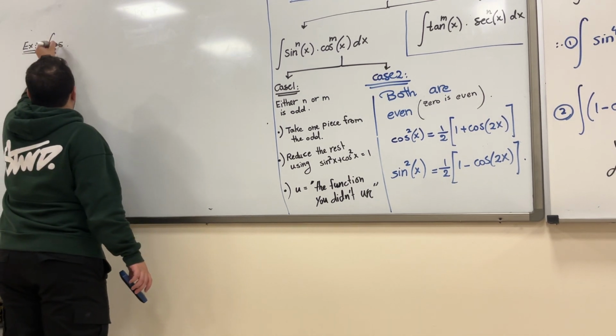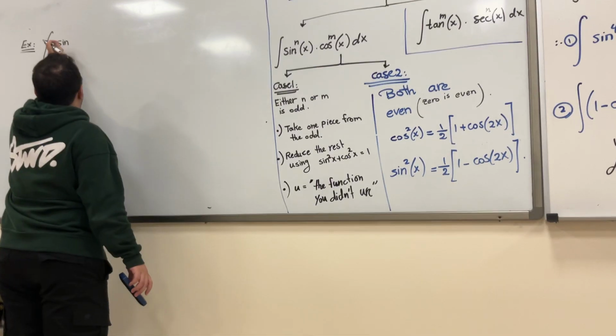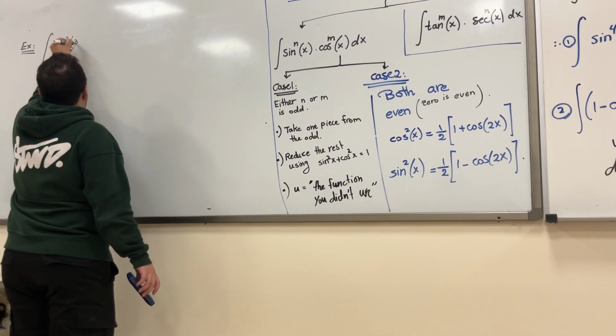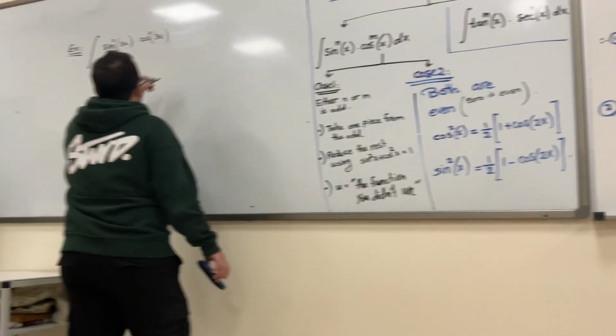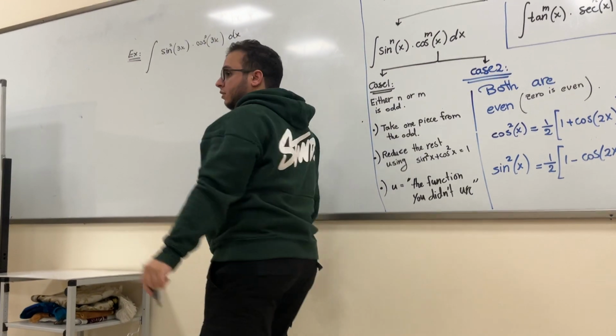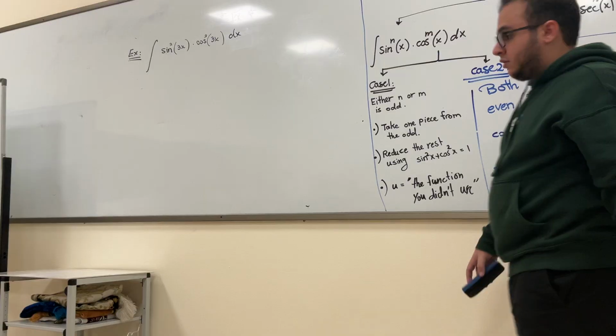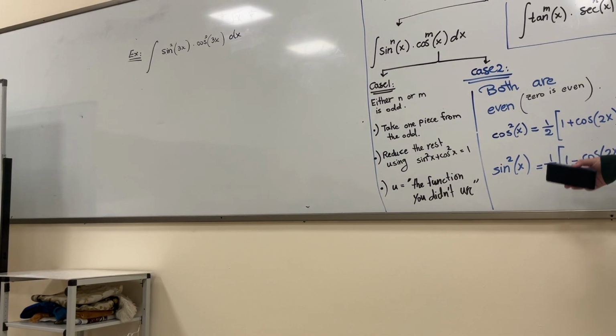Let's say sine squared of 3x. So the procedure is, you just apply these two formulas. Whenever you see them, apply them.